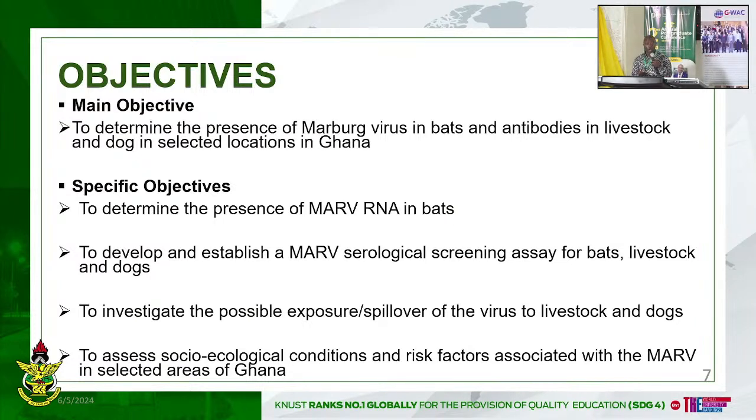We also develop and establish a serological assay, which is the immunofluorescent test assay, for bats, livestock, and dog testing. Then we also investigate the possible exposure or spillover of the virus to livestock and dogs, and also assess some of the socio-ecological conditions and risk factors associated with the Marburg outbreak in selected areas in Ghana.